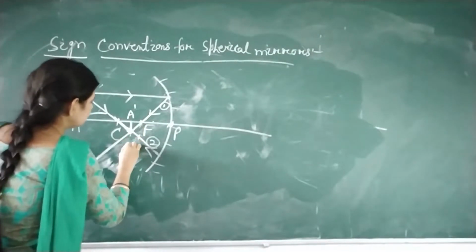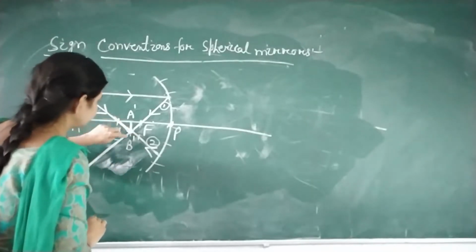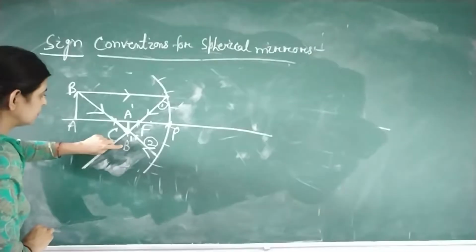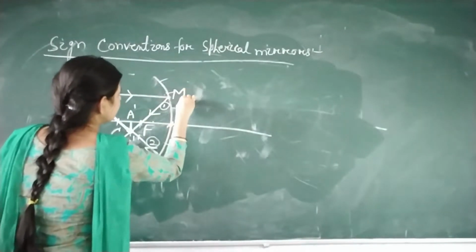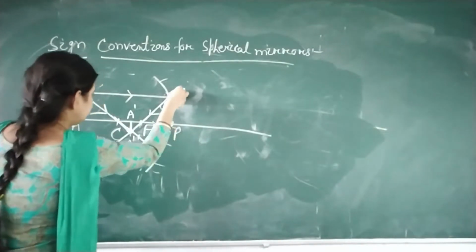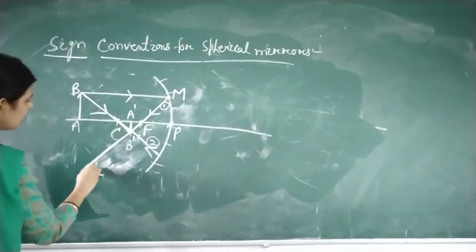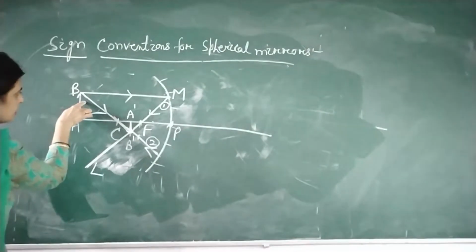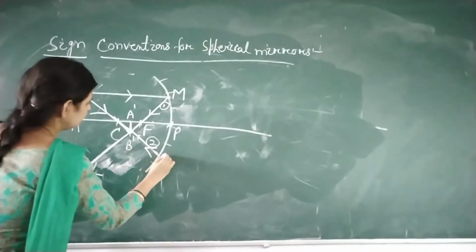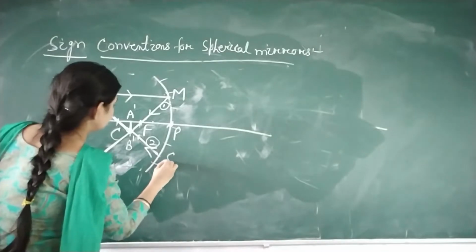Suppose the image is A dash. Clear? AB is the object, BM is the incident ray, and ML is the reflected ray. Second incident ray, BS.